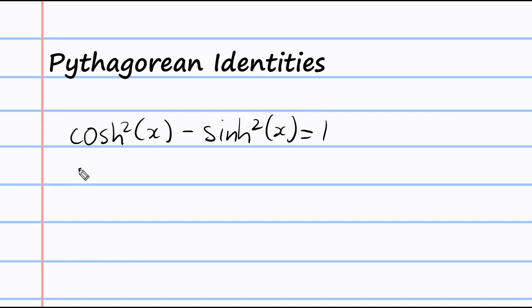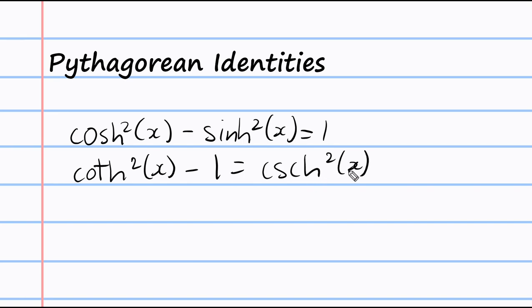Then you also have cotangent squared x minus 1 equals cosec squared x. And then you've got tangent squared x, that's just normal tangent, tangent squared x minus 1 equals sec squared x.